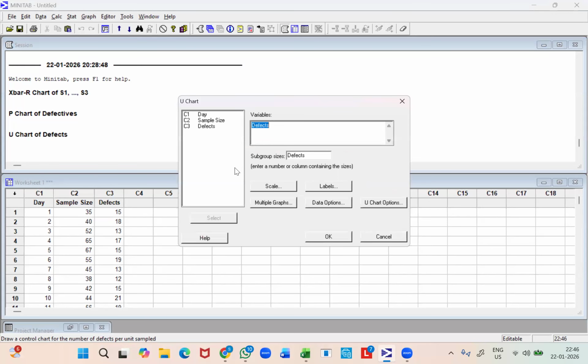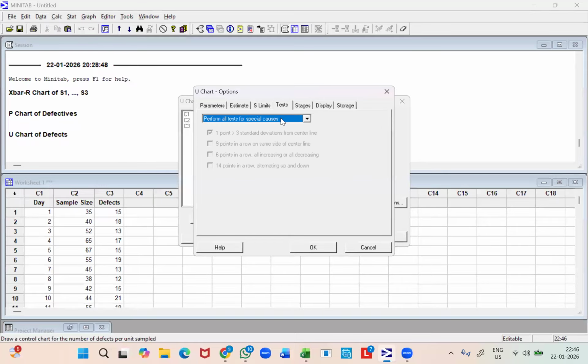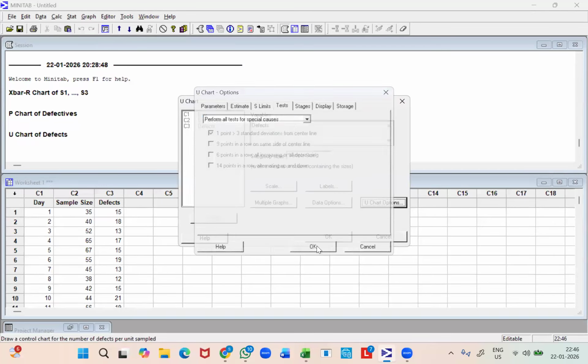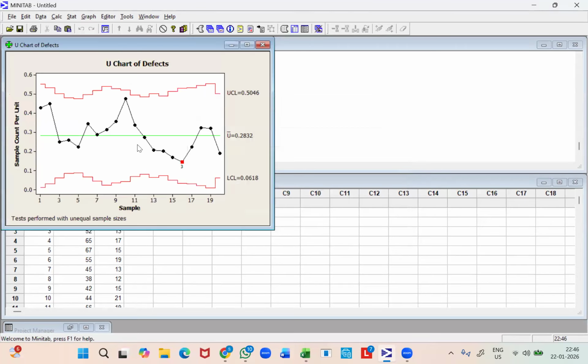So the variable is the defects, and the subgroup size should be the sample size. And then go to U chart options, click on test, say perform all tests for special causes and click OK. Fine. So we get this U chart, you see a red color dot.